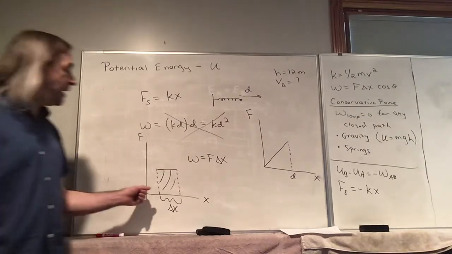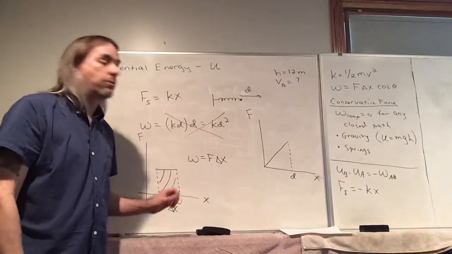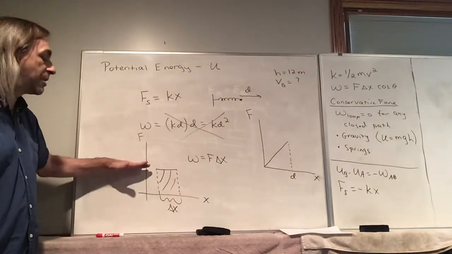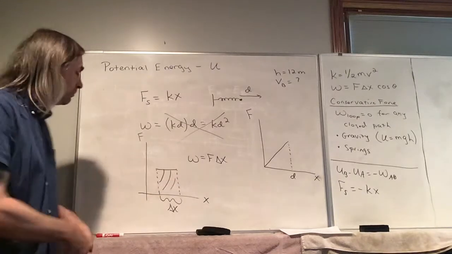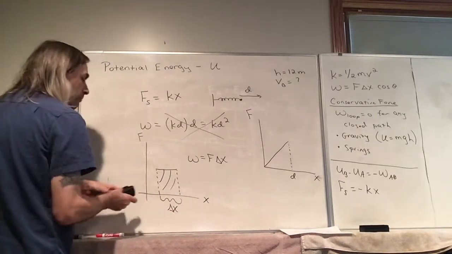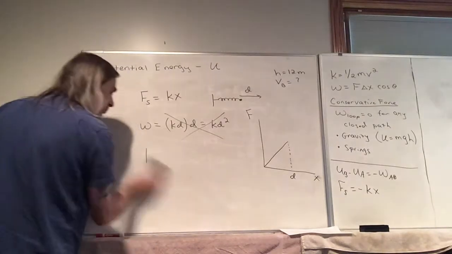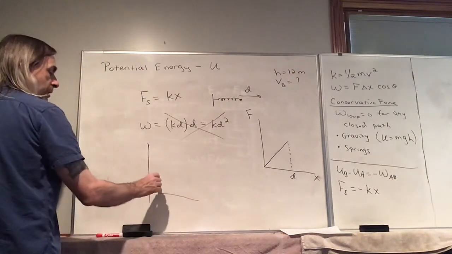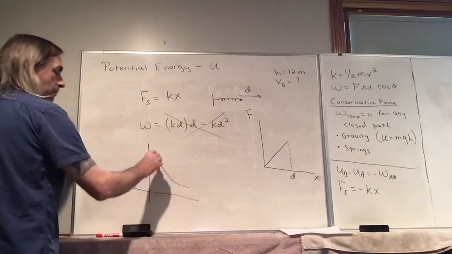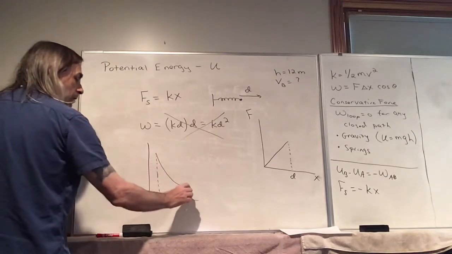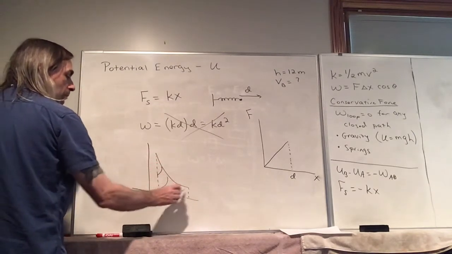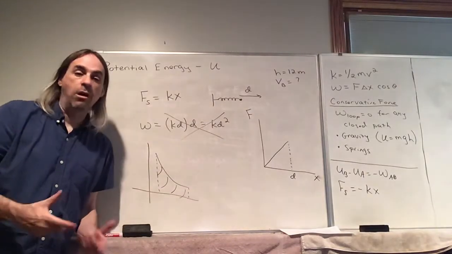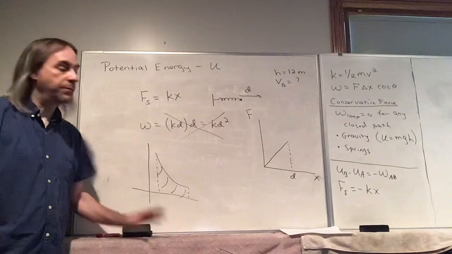And the exact same thing is going to apply in general, even if the force is not just this horizontal line like a constant force. If you have an arbitrary force, let's say you have a force that looks like this, the work is going to be the area underneath that curve, regardless of the shape of the curve.